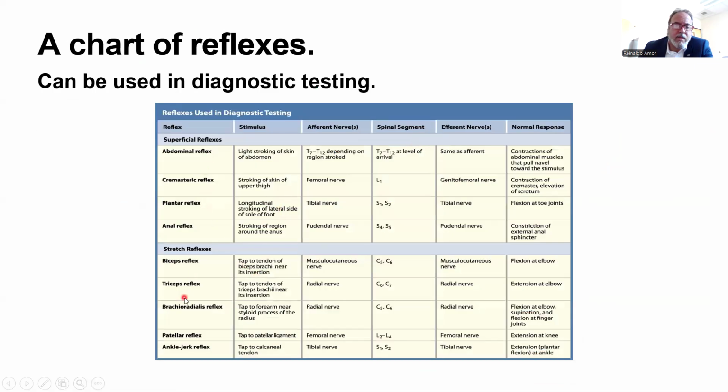But these are reflexes. Let's continue on. Some of these, like the plantar reflex, are considered superficial reflexes, and the patellar reflex here is considered a stretch reflex.